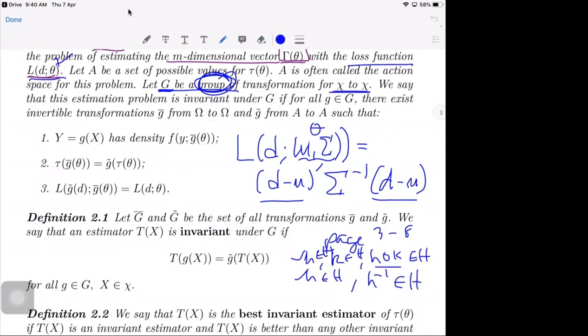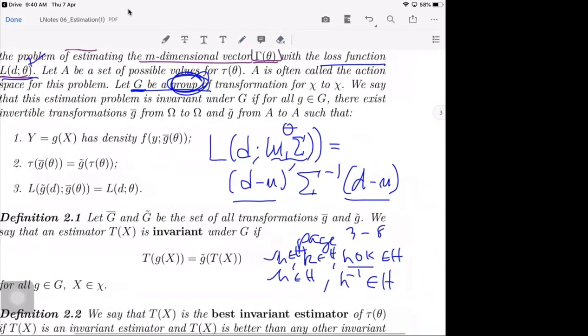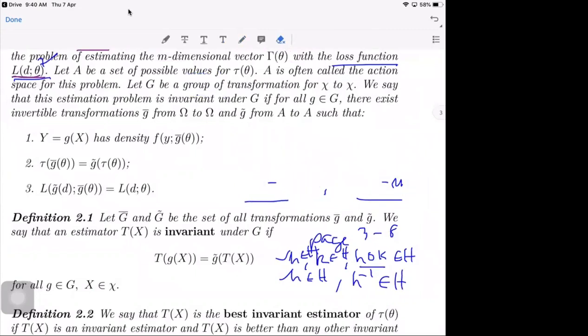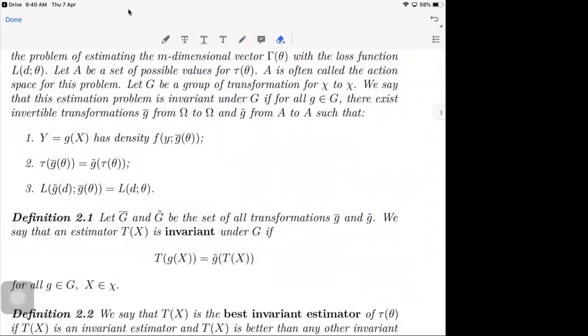And it is an invertible function. So what is this telling us? There is no loss of information even if we do some transformation on our data set and in solving for the parameters. All you have to do is also do a transformation on your parameters.